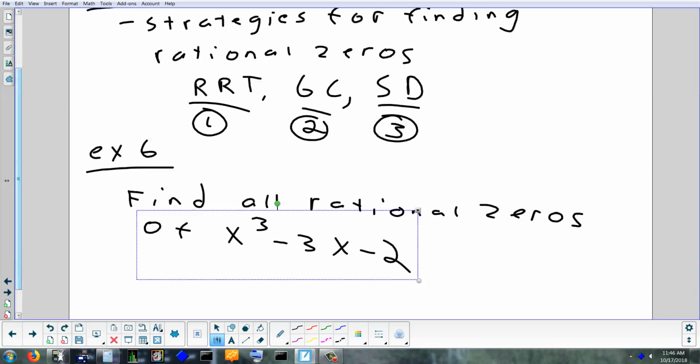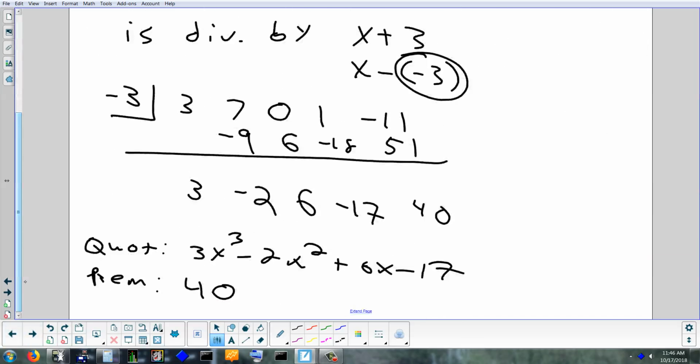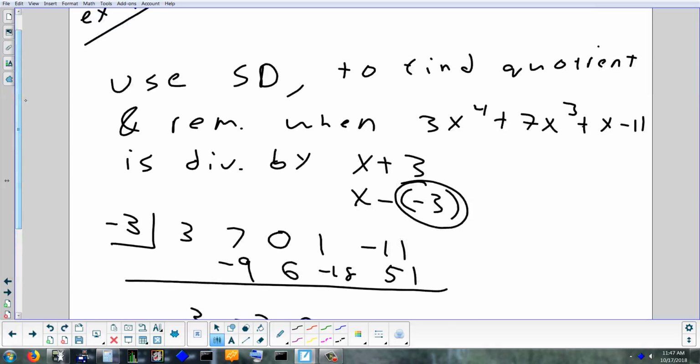So I'm just going to go back for one second just to show you. We already did a cubic earlier. Look what happens when we started with a 4th degree problem. Look at your quotient, 3rd degree. Every time you divide through synthetically, you take the highest exponent and bring it down 1.